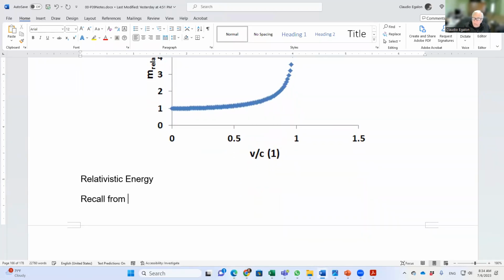Recall from physics 37, recall the work kinetic energy definition from physics 37. Do you remember that? We use that in relativity as well.